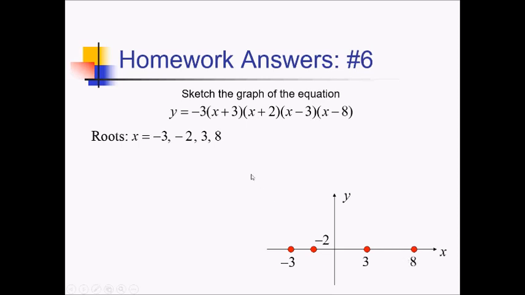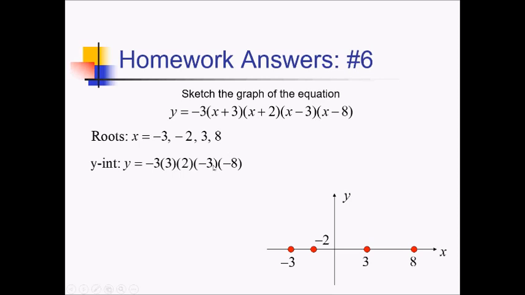For the y-intercept, we plug in 0 for all the x's, so that means we're doing negative 3 times 2 times negative 3 times negative 8, like so. And now let's multiply all of this out. We've got 3 negatives, so the overall result is negative. 3 times 3 times 3, I'll do those first.